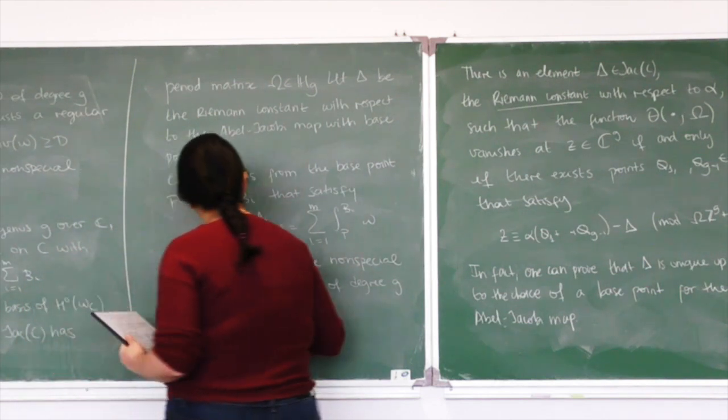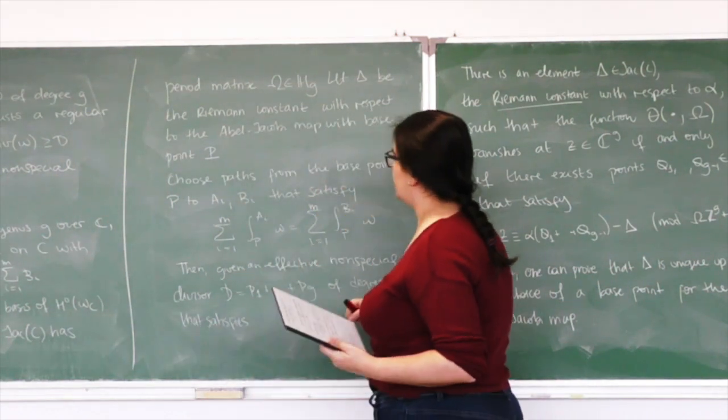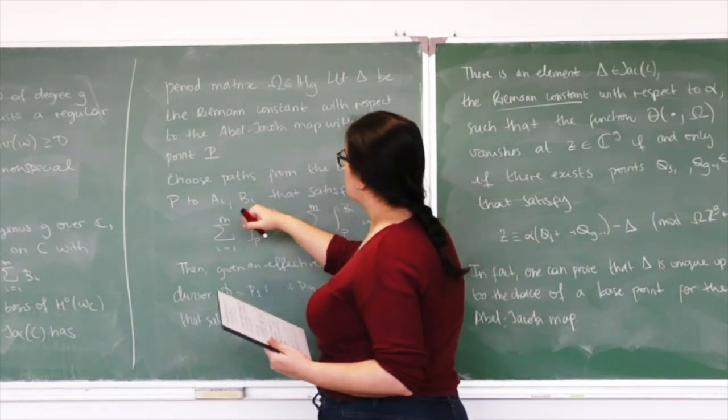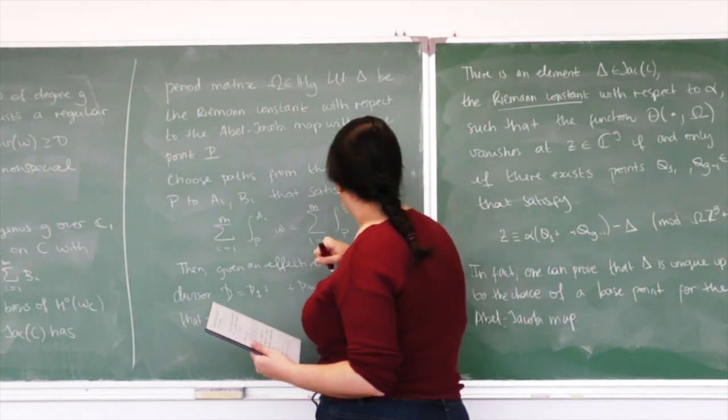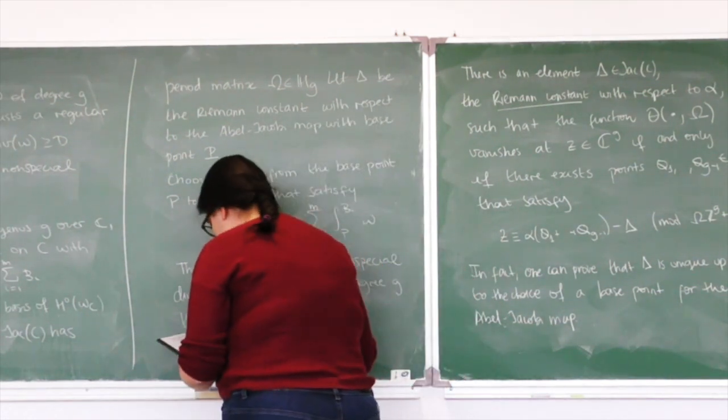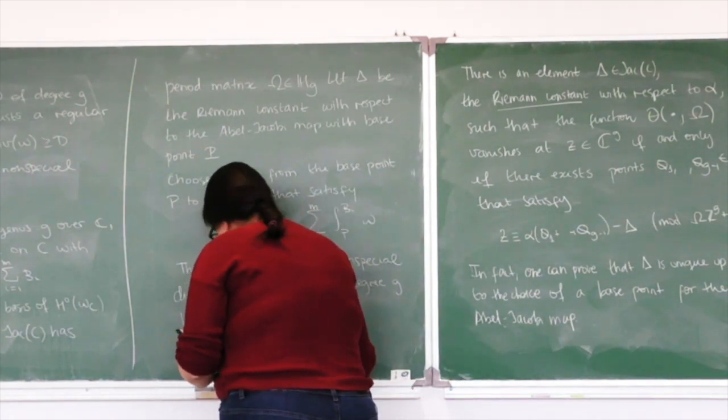And we have to take it so that the points in the effective divisor that we are choosing are not zeros or poles of the function that we chose.